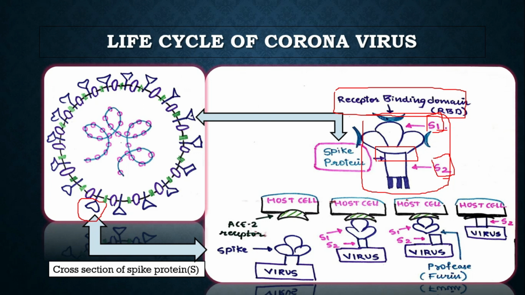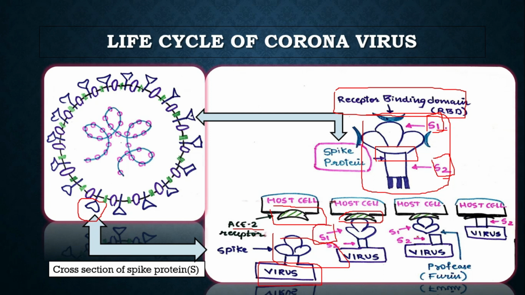Now, this is the host cell containing the ACE2 receptor, angiotensin converting enzyme 2. Whenever a virus containing spike protein, and other proteins as well, but here we are discussing mainly the spike protein, comes, the spike part of the coronavirus will attach with this ACE2 receptor and the S1 part will bind, because S1 functions in binding.